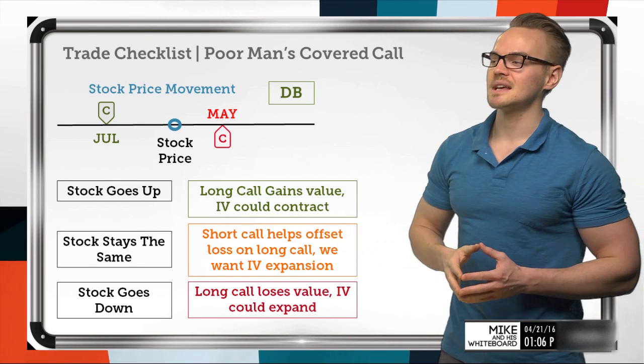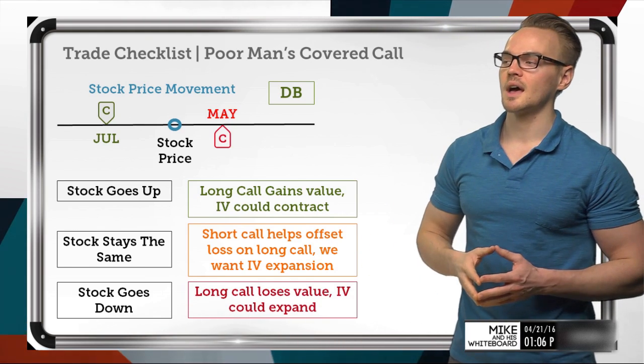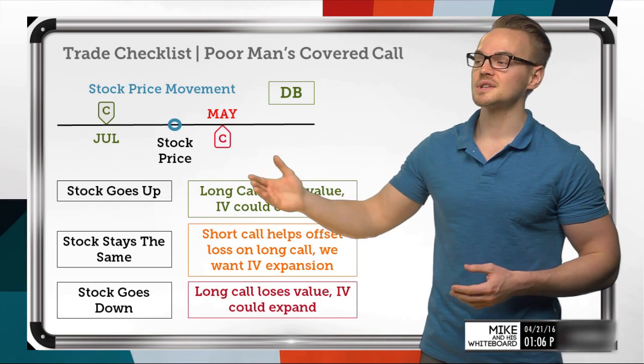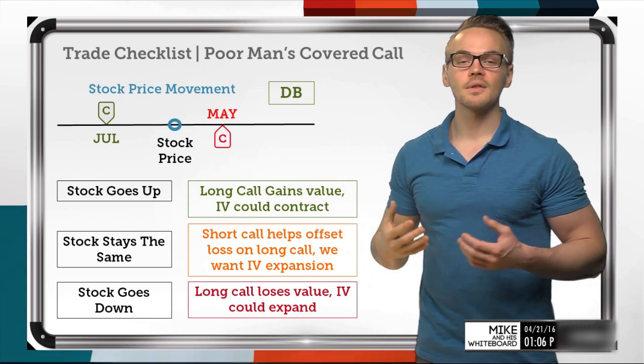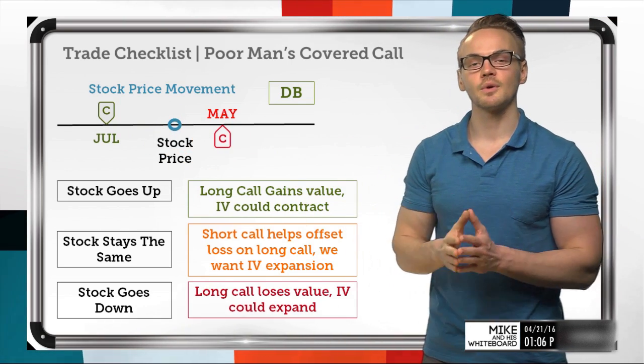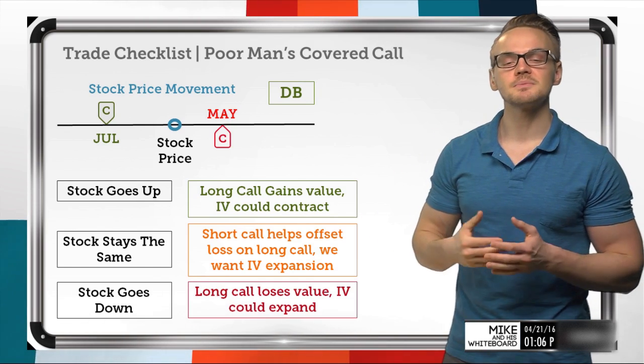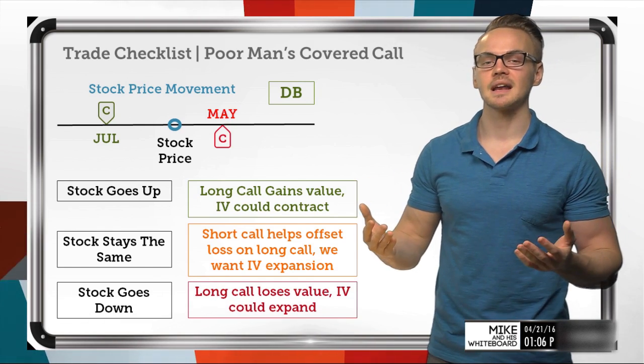When the stock price stays the same, the short call is going to help offset the loss on that long call, because remember, we purchase this long call for more than intrinsic value. We're purchasing it for at least intrinsic value, but since there's so much time on that option, there's going to be extrinsic value applied as well.